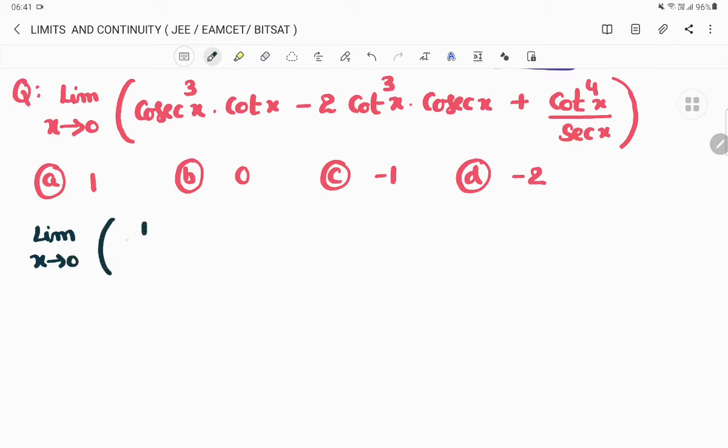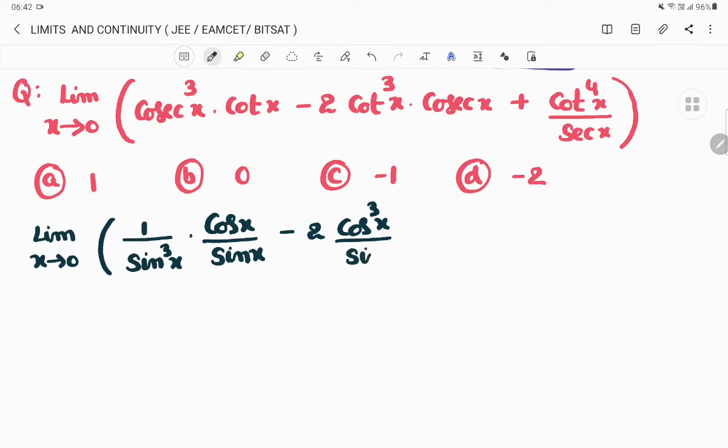Cosecant cube x means 1 by sine cube x, the reciprocal, into cot x, which can be written as cos x by sine x, minus 2 into cot cube x, which means cos cube x by sine cube x, into cosecant x, which is 1 by sine x, plus cot power 4x, so cos power 4x by sine power 4x, into secant x in the denominator.